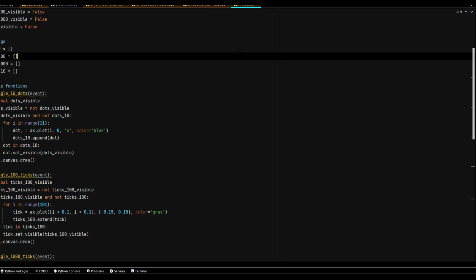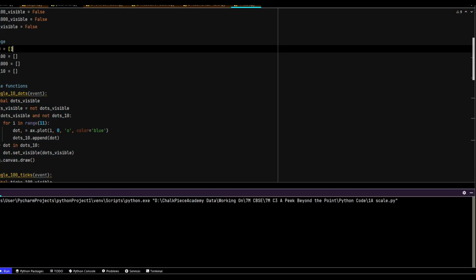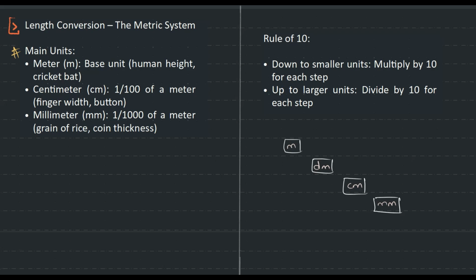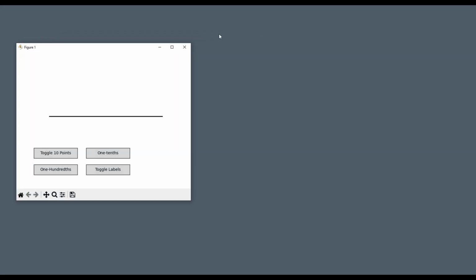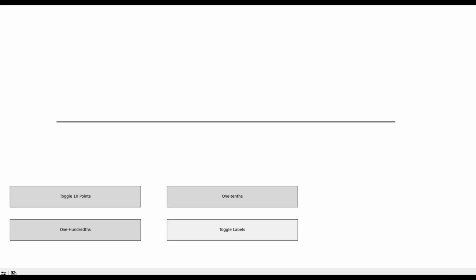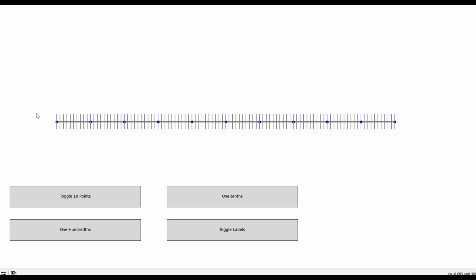We have done all of this in a very detailed manner, but still I want to show it to you guys again and again, because this is something that you will use a lot. So if this is a meter, if I divide it into 10 equal parts, that is a decimeter. If I divide it into 10 more equal parts, that's a centimeter. Let me zoom in.